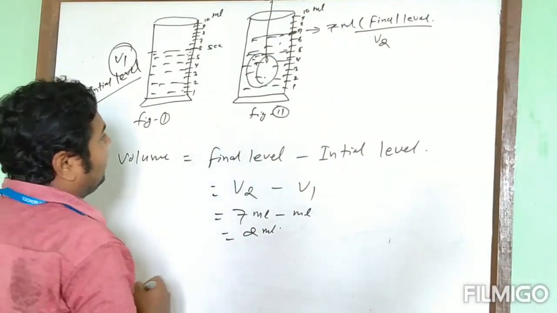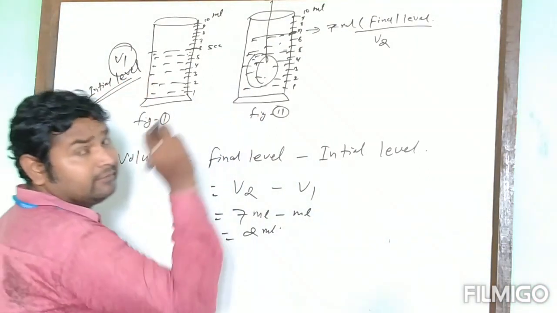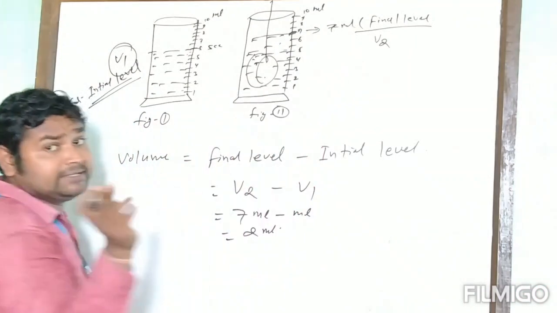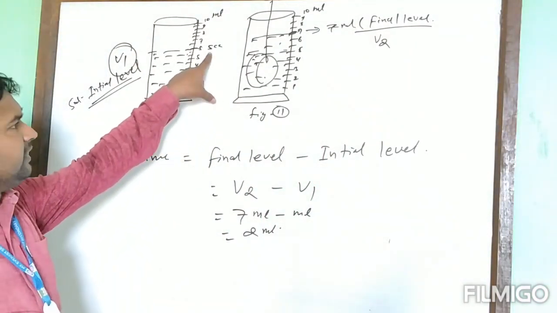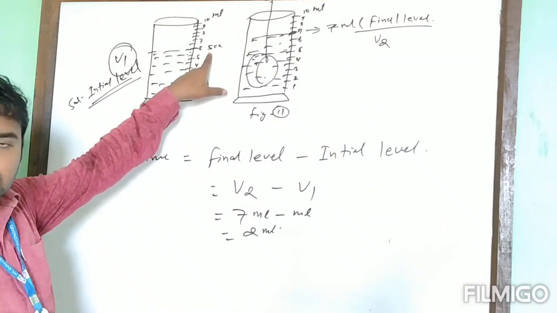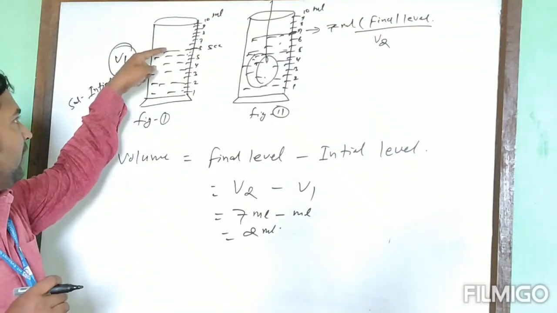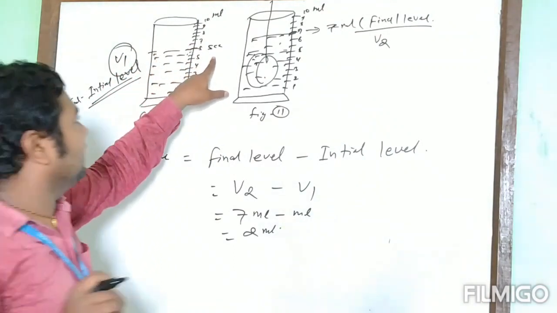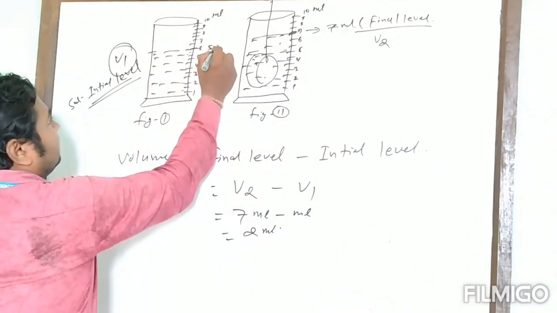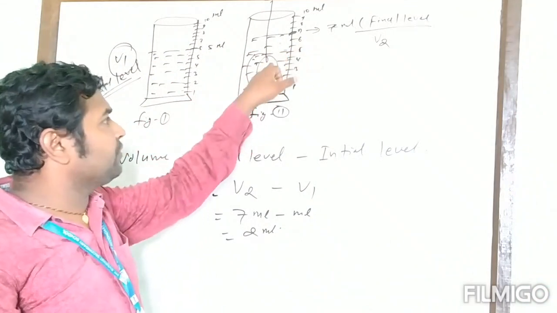So now, what is the volume? What is the initial level and what is the final level? Once again, listen carefully. In the first figure, we have to look carefully at the initial level of the water, how much water is present. Then you will see the final level when you keep the stone.